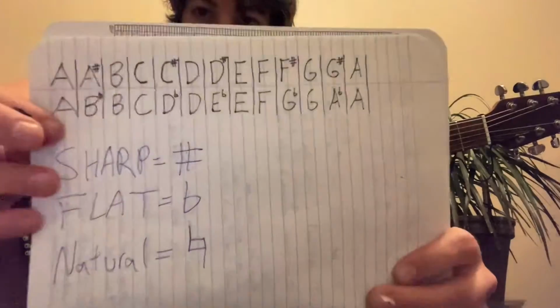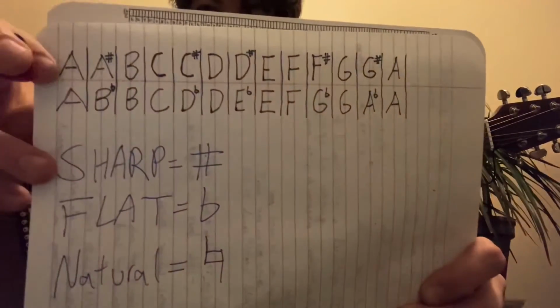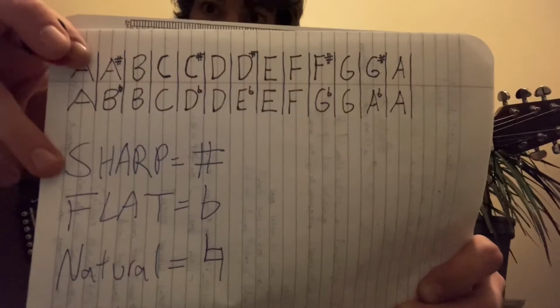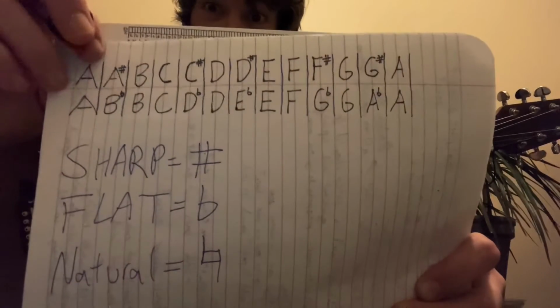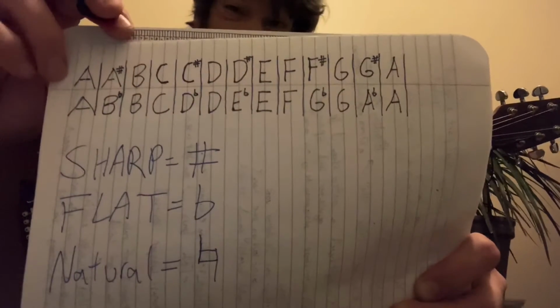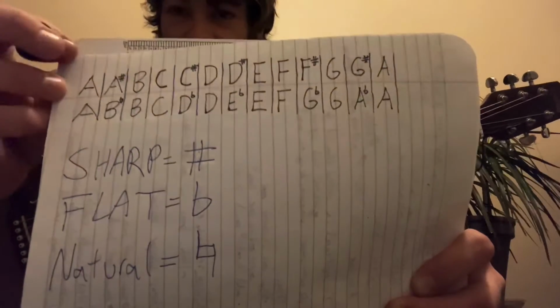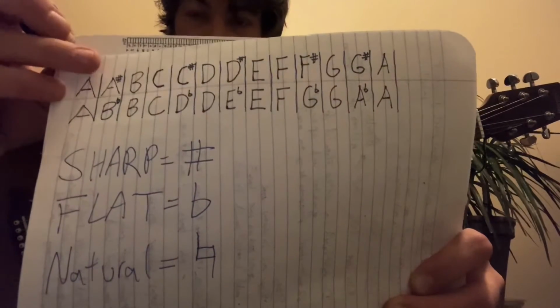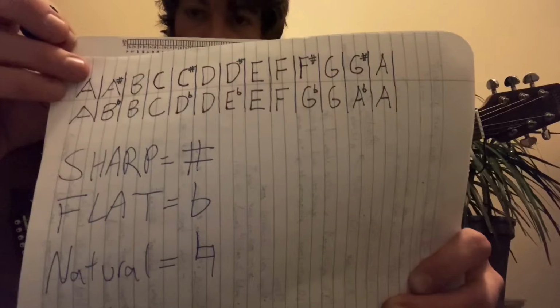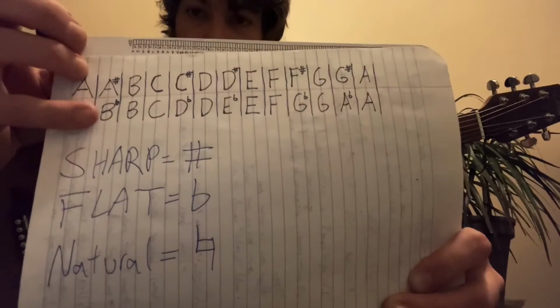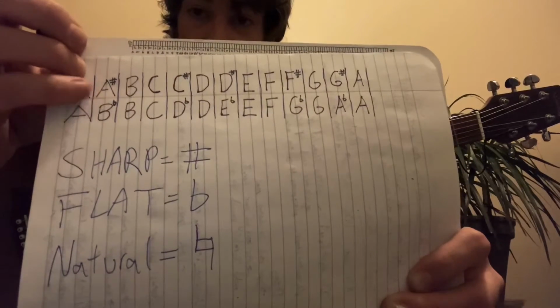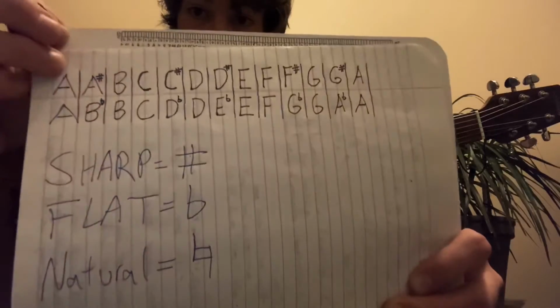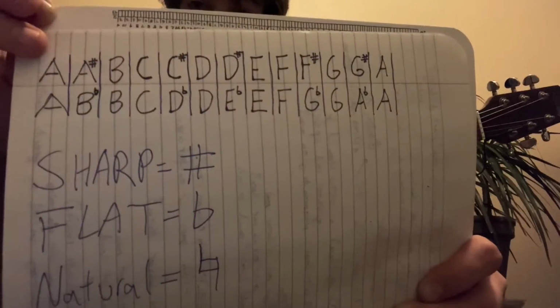All right, now we're gonna look at this alphabet just for a second. So we got A sharp, B, C, C sharp, D, D sharp, E, F, F sharp, G, G sharp, A. All right, so between A and A sharp, we said there's 1 fret, A and B flat, same amount. So that means A sharp and B flat are actually the same note.